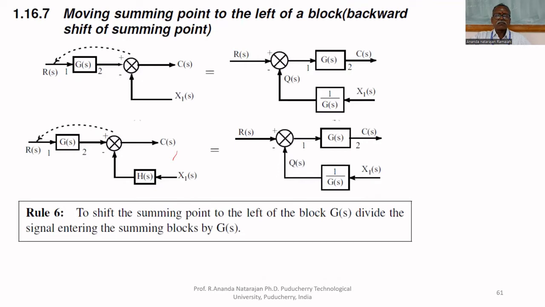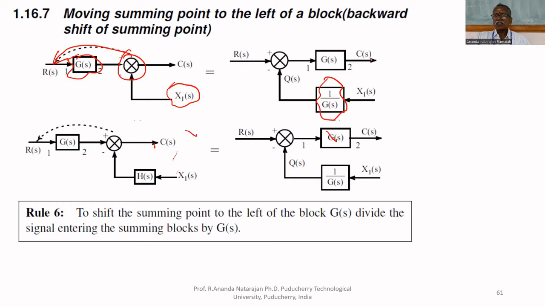The 6th rule is the opposite way, moving the summing block backward. If you do the backward shift, this signal is not multiplied by G of S, but if you shift here, it will be multiplied by G of S. That's why, to compensate, here X1 is not amplified because it is added after the block.